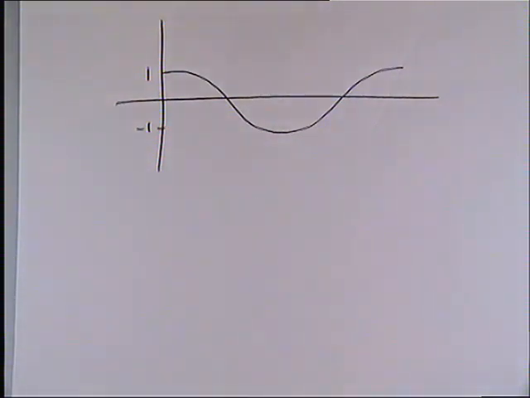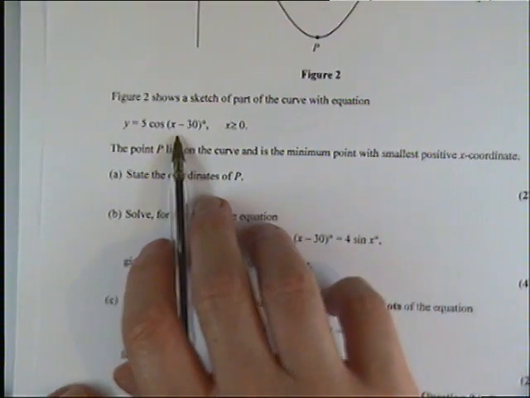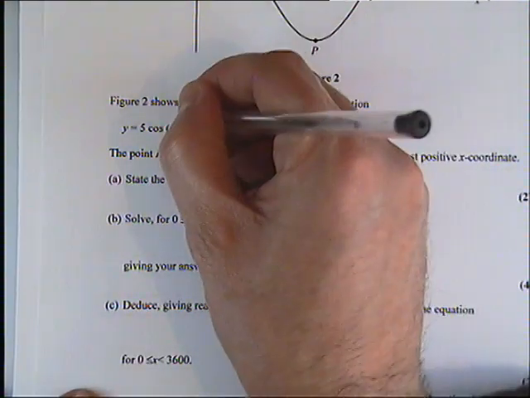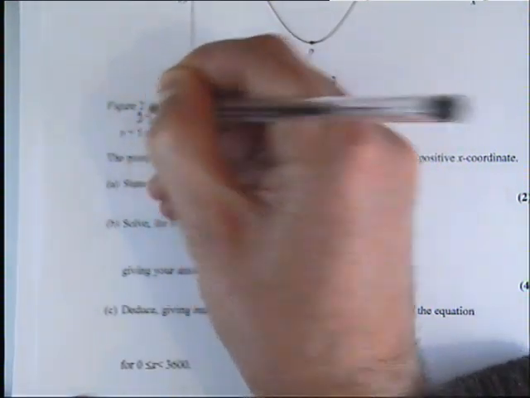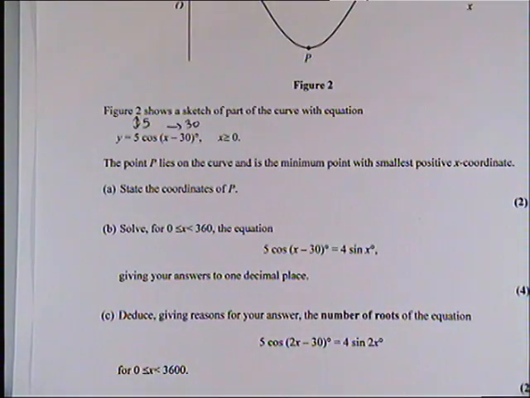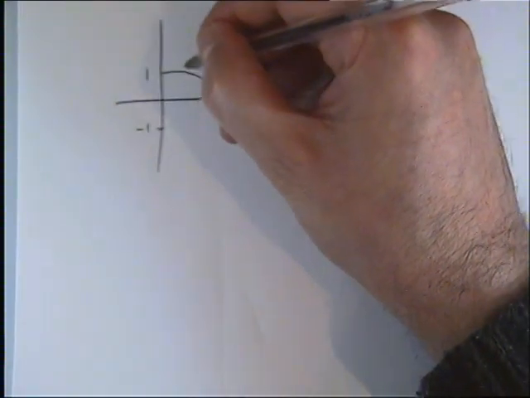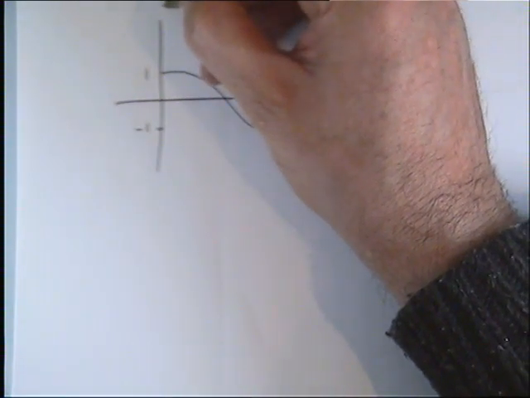And the graph we've been given has actually got two transformations attached to it. So it's been moved to the right by 30 and it's been stretched in the y direction by a scale factor of 5. So this graph they've given us has been moved to the right by 30 and also stretched upwards by a scale factor of 5.